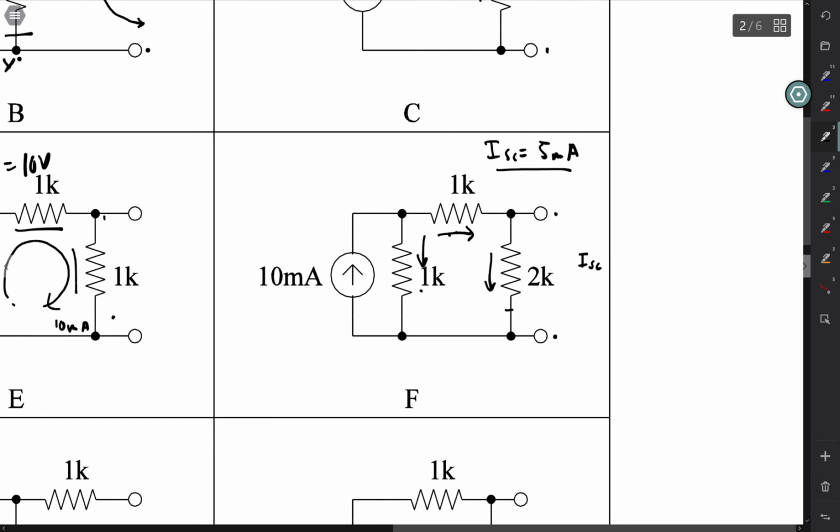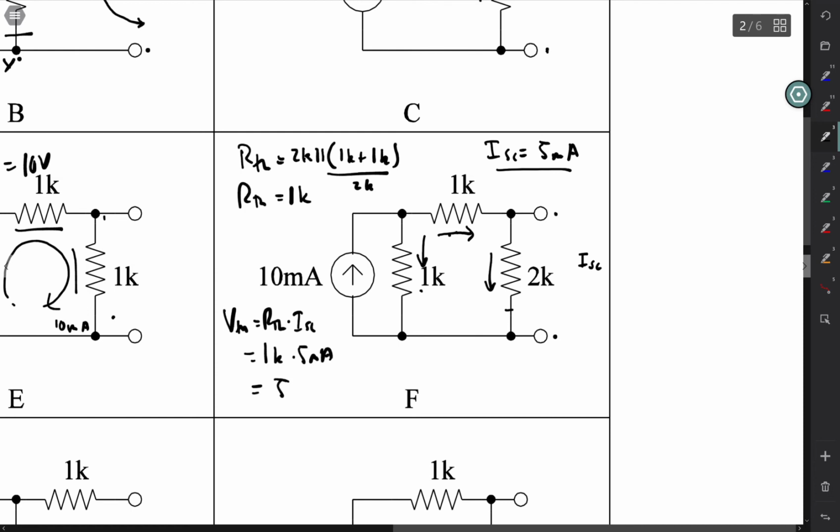So our Thevenin resistance is going to be 2K in parallel with the combination of 1K plus 1K, which is of course 2K. And 2K in parallel with 2K is just 1K. So now I have the Thevenin resistance, I have the short circuit current, and the Thevenin voltage is equal to R Thevenin times I short circuit, which is equal to 1K times 5 milliamps, or 5 volts.